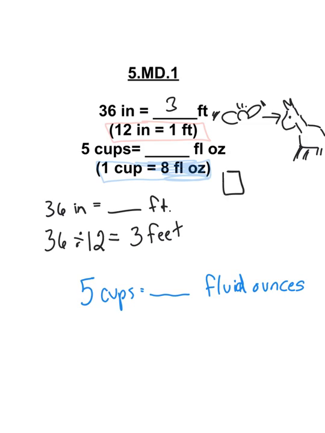Cups are larger than ounces. This is my representation of going large to small. So horse to fly, multiply. I'm going to multiply 5 times the 8 fluid ounces that are in each cup, and that's going to give me 40 fluid ounces.